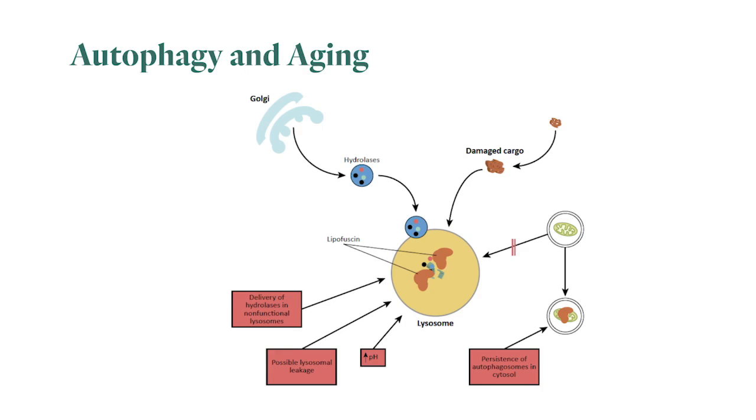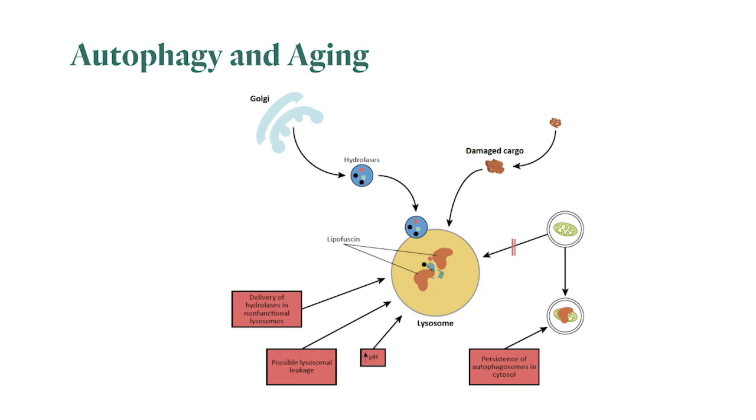In addition, the lysosomal membrane begins malfunctioning, which could lead to leakage of lysosomal enzymes out of the lysosome, which decreases lysosome function. Lysosomal membranes also begin to fail in fusion efficiency, which results in the persistence of cytosolic autophagosomes as well as reduced delivery of digestive enzymes to the lysosome.